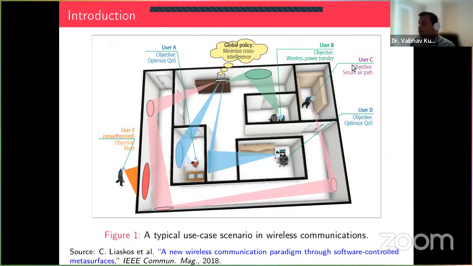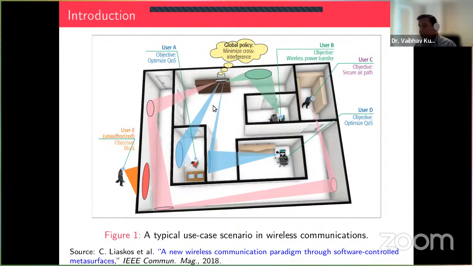At the same time, user C wants to have a secure air path. So this is the red beam. This is the way we can create a secure path to user C, where user E is an unauthorized user. That user needs to be blocked so that the information intended for user C cannot be decoded by user E.